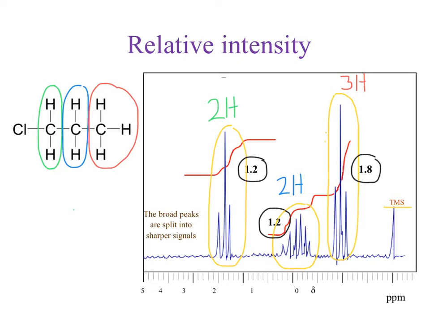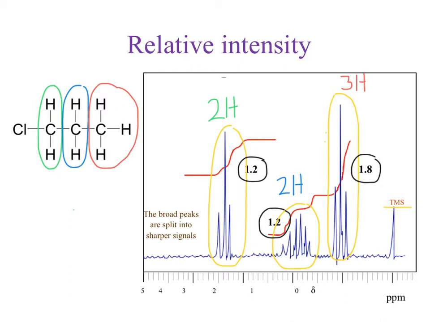These red squiggly lines and these 3 numbers are called the integration trace, and the integration trace can be used to give us information about the total area under the peak, and like I said, the number of hydrogens causing the peak.